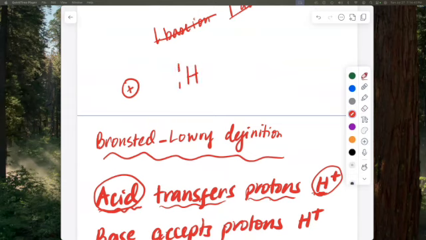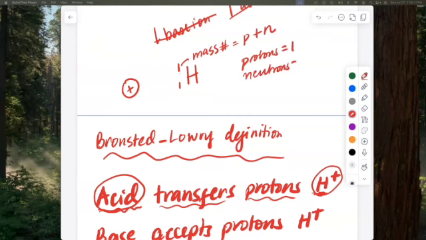Of course, you have deuterium, you have tritium, you have isotopes of hydrogen, but this is just basic hydrogen. The 1 up here is the mass number. Mass number tends to be equal to the number of protons plus neutrons, right? And since it's 1, hydrogen just has 1 proton. So for hydrogen, the number of protons is 1 and the number of neutrons is 0.